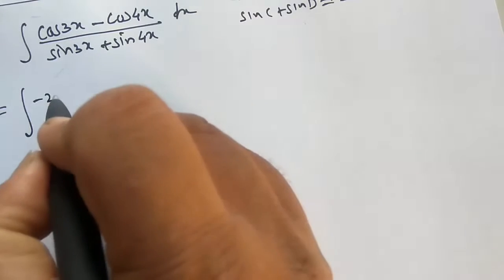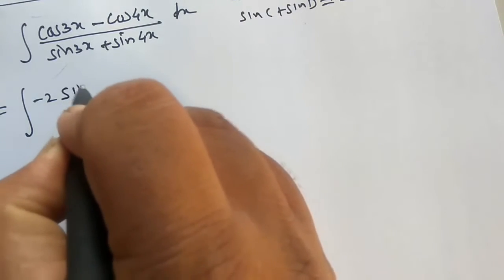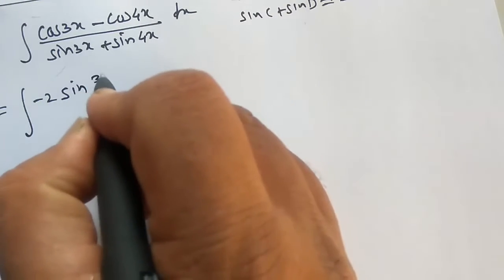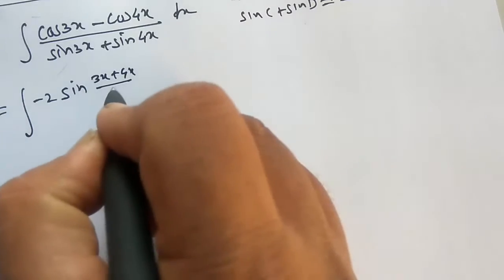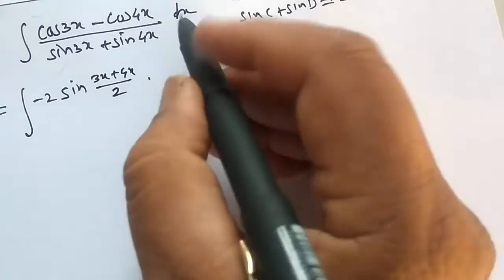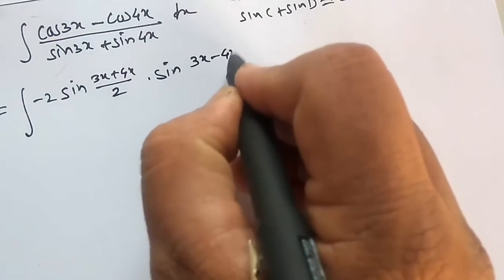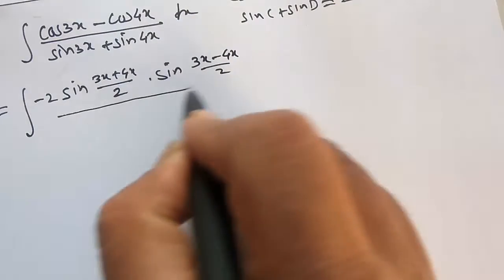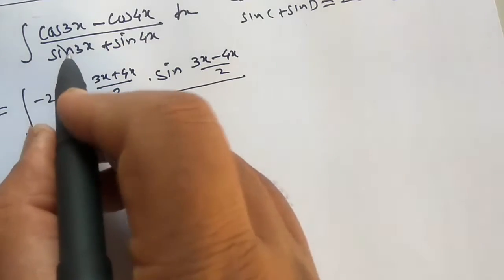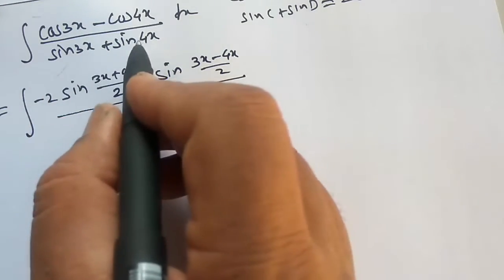So minus 2 sin of (3x plus 4x) upon 2 into sin of (3x minus 4x) upon 2, divided by the denominator, which contains sin 3x plus sin 4x.